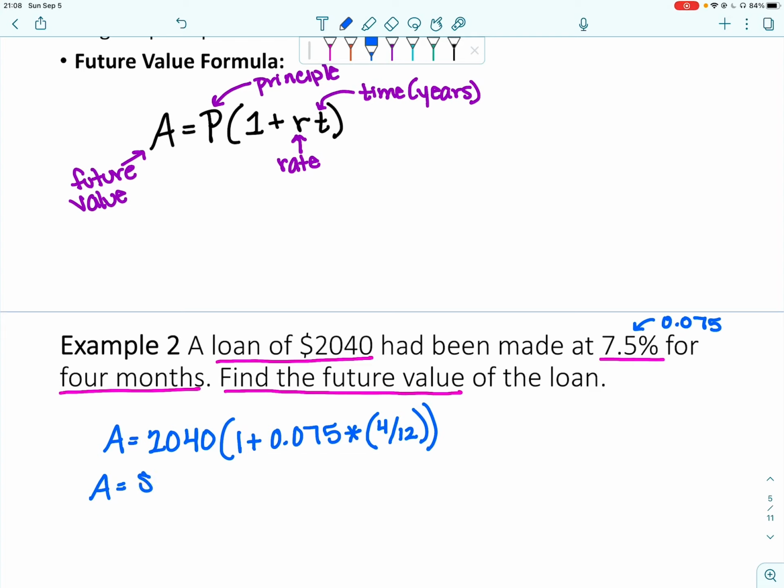And I get $2,091. And that's hopefully what you got as well. So that tells me how much I earned in interest, but then it adds it back to what I originally deposited or what I originally borrowed. So this tells me at the end of the 4 months, I will have paid a total of $2,091.